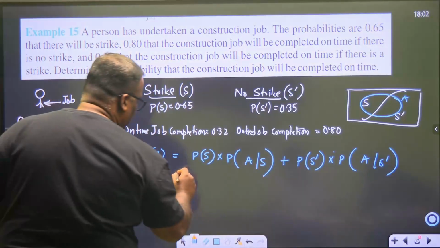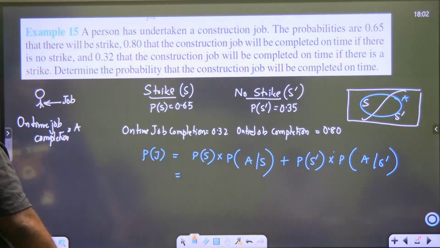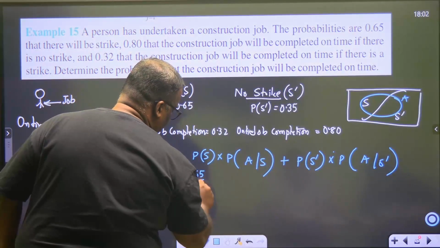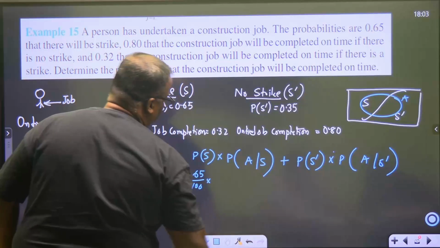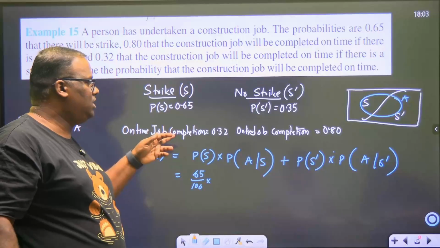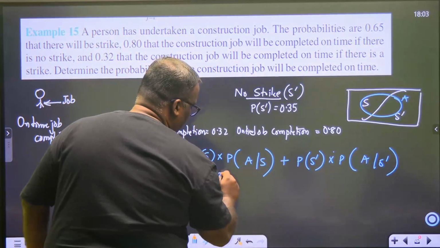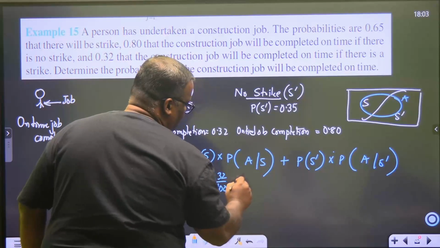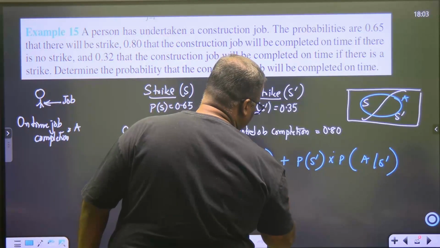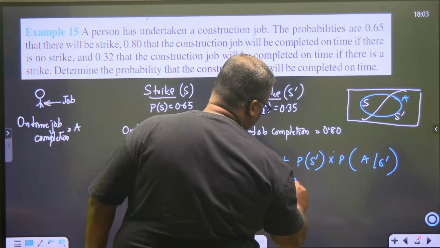So the probability of strike is how much? Strike chances are 0.65. So we can write this as 65 by 100 multiplied by, if the strike happens, what is the on-time job completion? They have already given this. So this is 32 by 100, plus strike does not happen, 35 by 100 multiplied by 80 by 100.